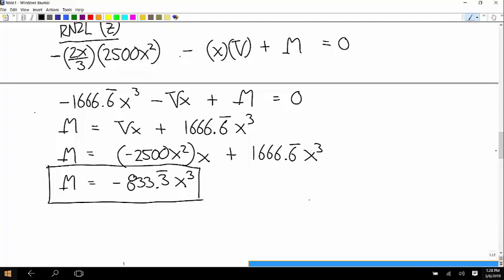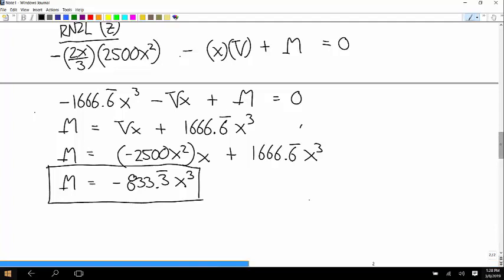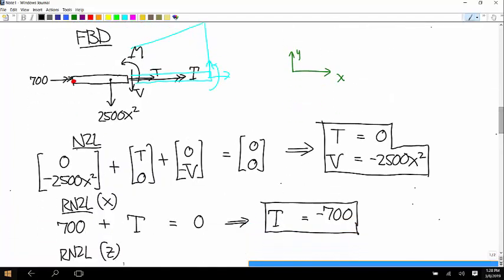You would have, if you made your about point x, you made this your about point, you would still have all the same forces, because this would look exactly the same.